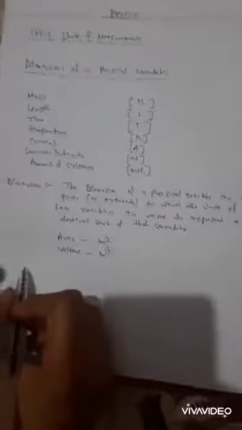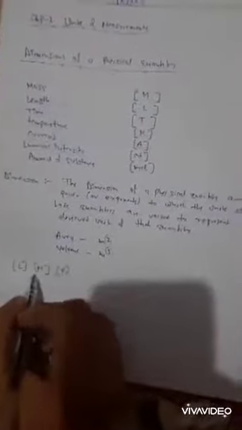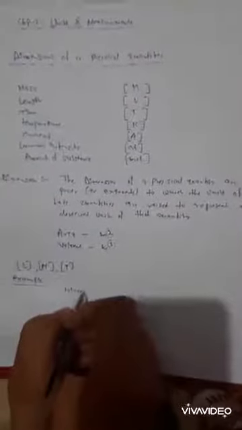So in mechanics, all the physical quantities can be written in terms of dimension of L, M and T. So let us understand this with the help of an example. So what is the formula of volume?